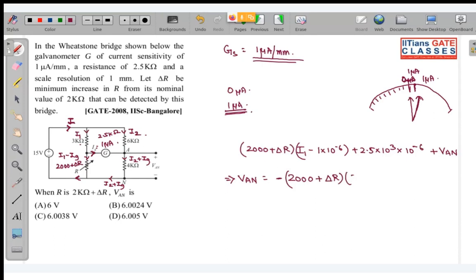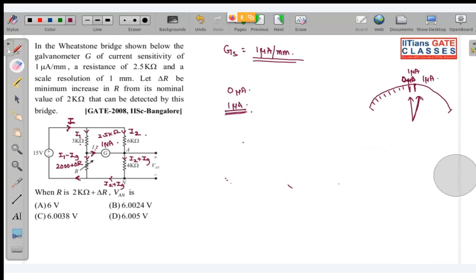I1 minus 1 into 10 to the power minus 6 plus 2.5 into 10 to the power minus 3 into 10 to the power minus 6. Sorry, wait, let me solve this question once again. See, first time I am applying KVL in this loop.